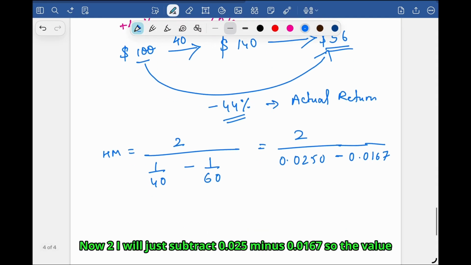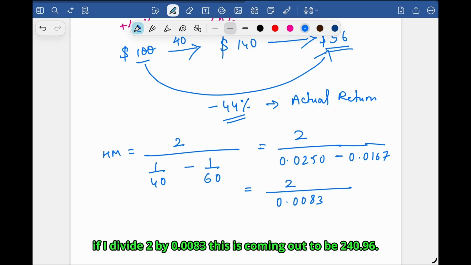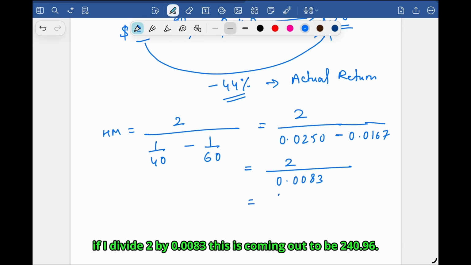Now I'll just subtract 0.025 minus 0.0167. The value is coming to be 0.0083. If I divide 2 by 0.0083, this is coming out to be 240.96.